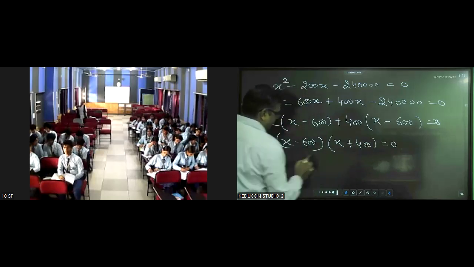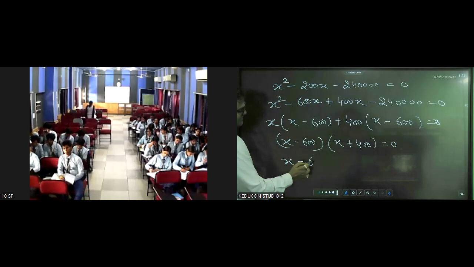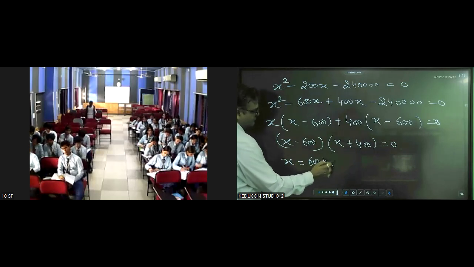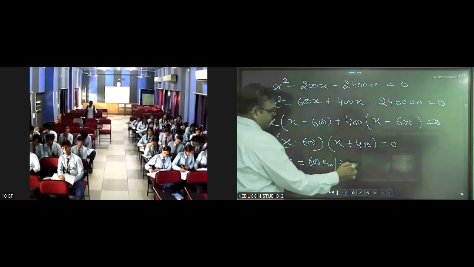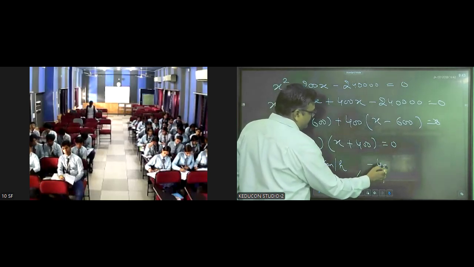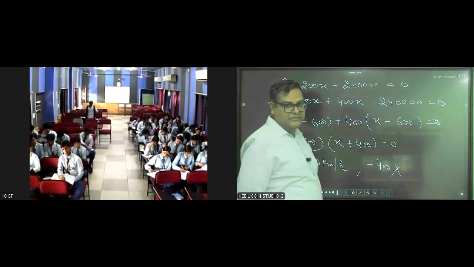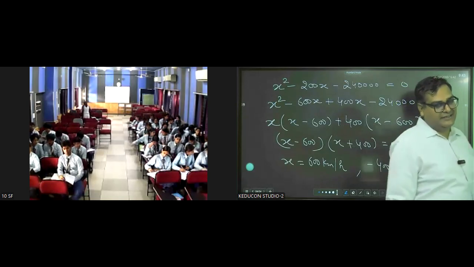So the value of x will be equal to 600 kilometer per hour. Right? Another is minus 400. So minus 400 तो स्पीड नहीं हो सकती बच्चों. So therefore you will take 600.